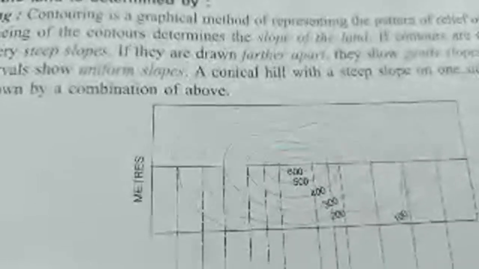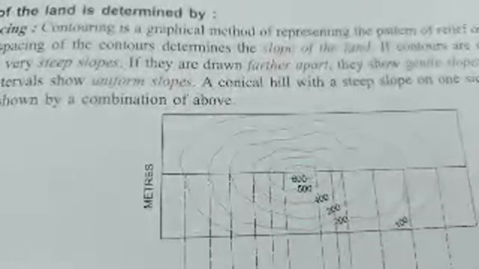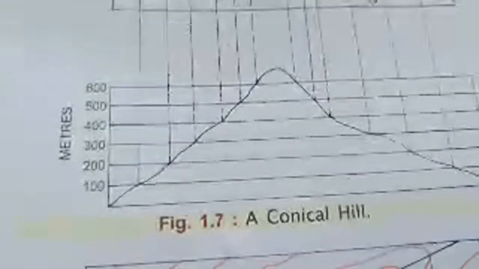So these are actually the heights. These lines are called contour lines. So you can find here these contour lines, they show what? This conical hill.